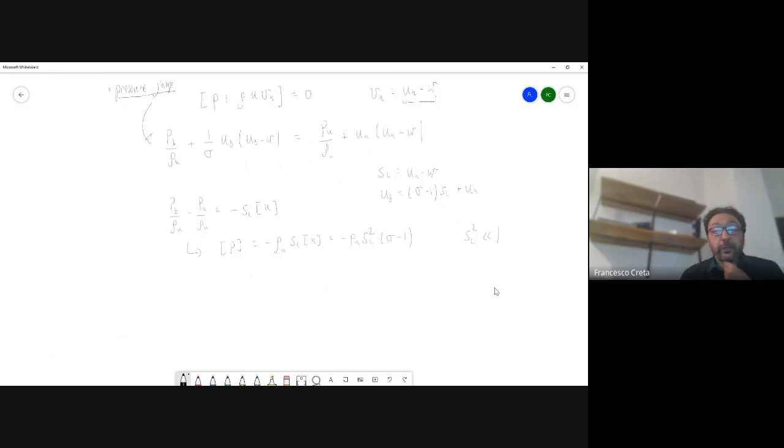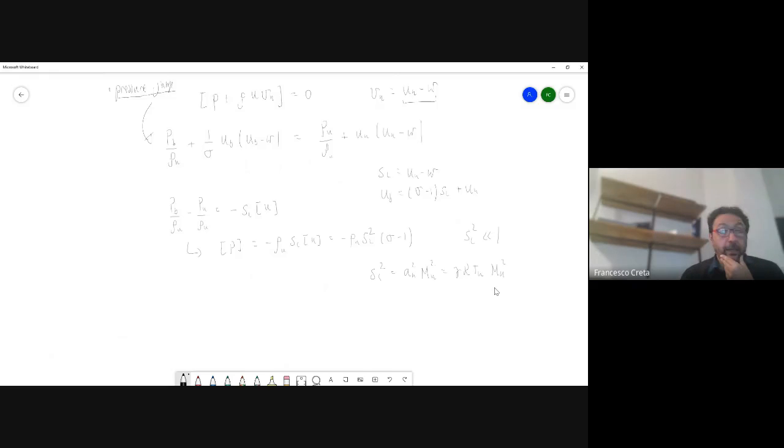In fact, you can even write this SL squared as the speed of sound in the unburnt times the Mach number squared, and this is gamma RTU, the speed of sound, times mu squared.